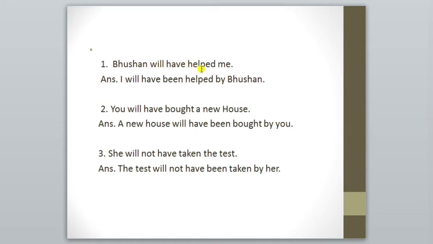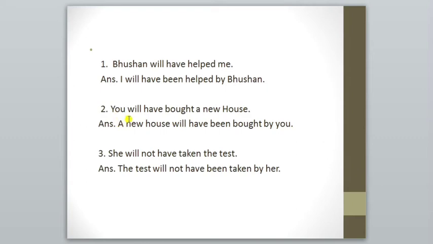Then helped means the past participle of verb. Me, this is the indirect object. Then me is the object pronoun of I. इसलिए हम लोगों ने क्या लिया यहाँ पे? I. I will have been helped by Bhushan.